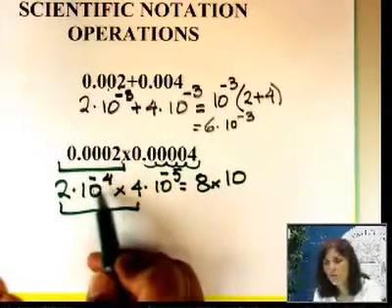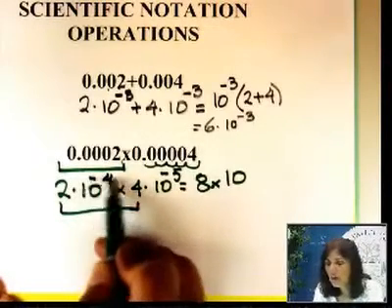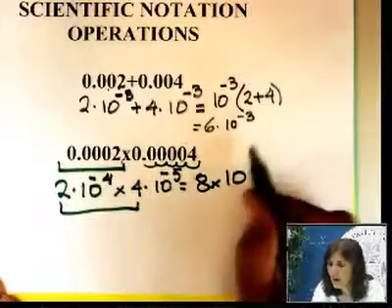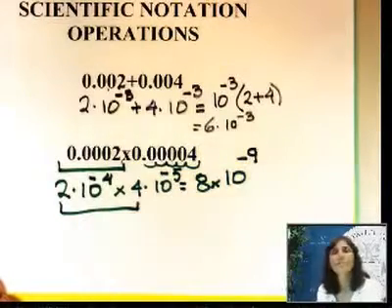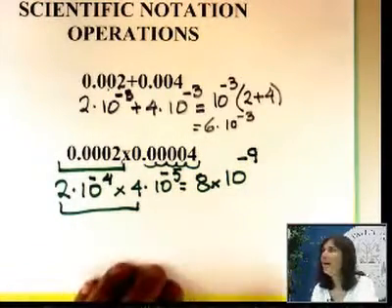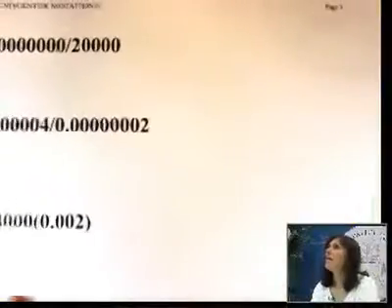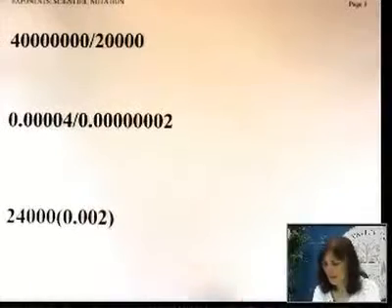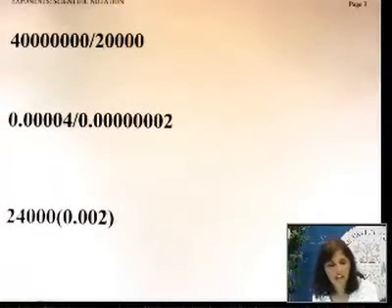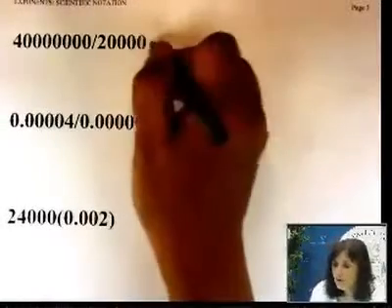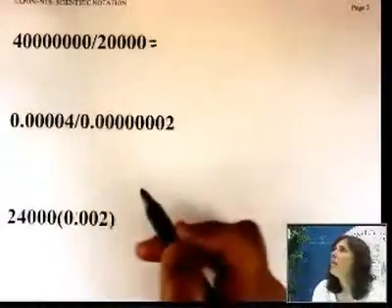Remember how you do the exponent multiplication? You add the exponents, negative 4, negative 5, so that's negative 9. How about these guys? Believe you me, this is going to make your lives a lot easier. So I'm going to write these with scientific notation.